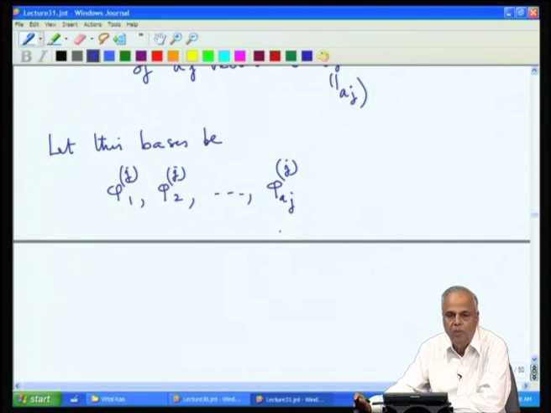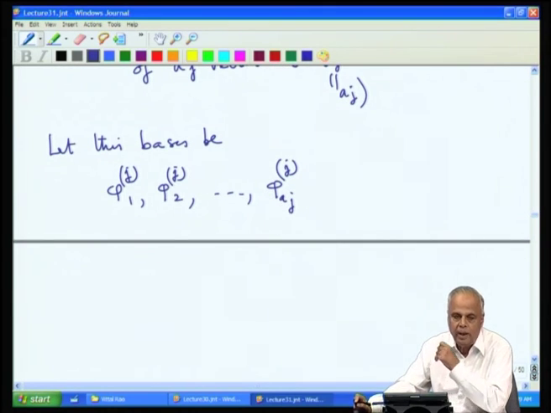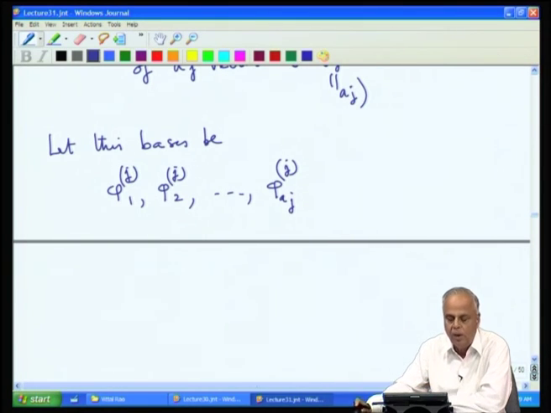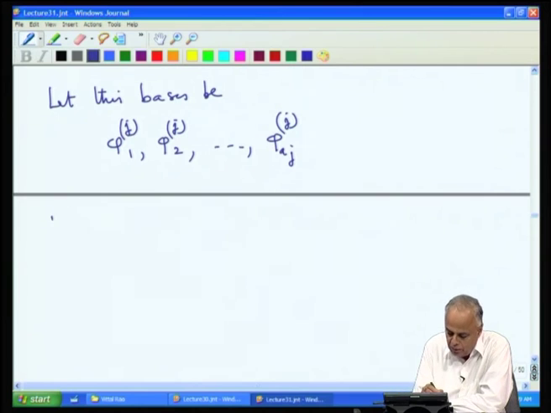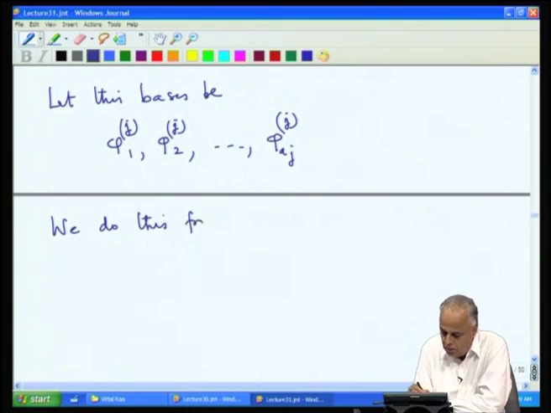And this we can do for j equal to 1 for the eigenvalue lambda 1, j equal to 2 for the eigenvalue lambda 2 and so on, for j equal to 1, 2, 3 up to k.